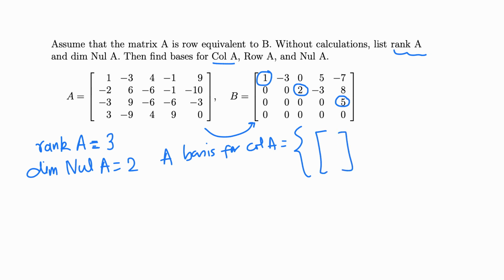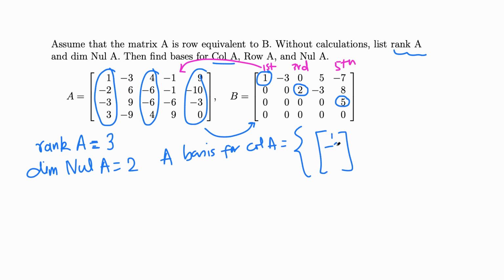Look at here, we got 3 columns with pivots: first column, third column, and fifth column. So we need to go back and refer to this original matrix to find a basis for column A. So a basis for column A is given by the first column vector and third and fifth, because we have pivots there.